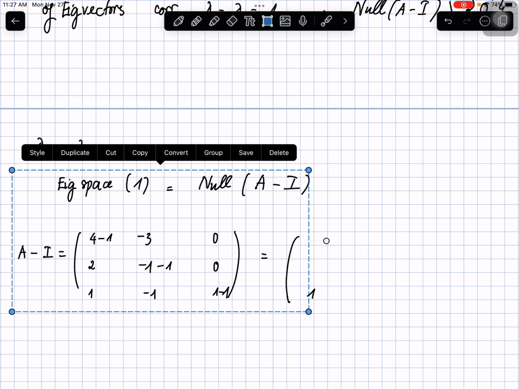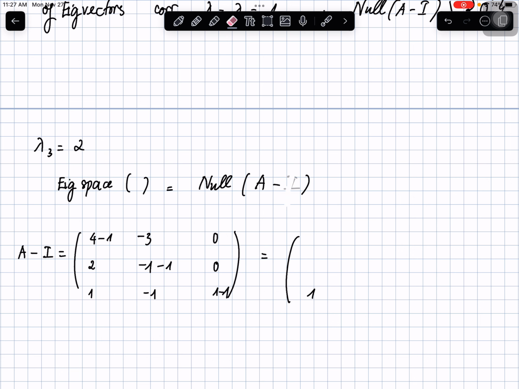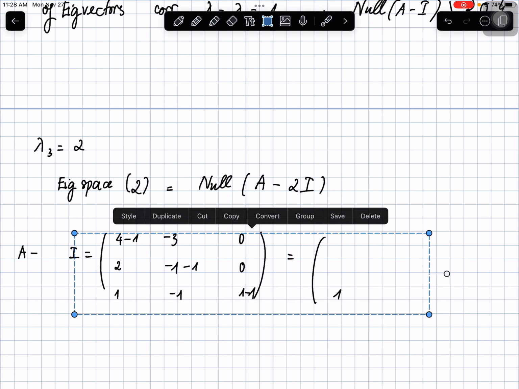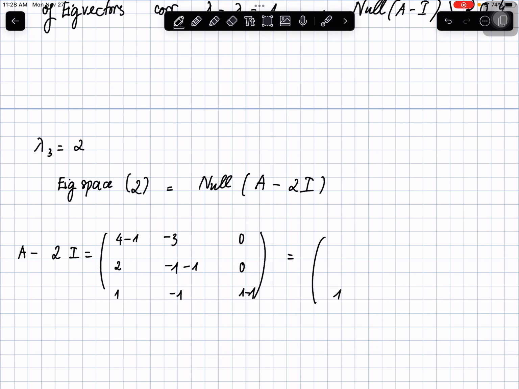The eigenspace corresponds to the null space of A minus 2I. A minus 2I has minus 2, minus 2, minus 2 on the diagonal, with entries 2, 2, 1, 3, 3, 1, 0, 0, minus 1, 0.